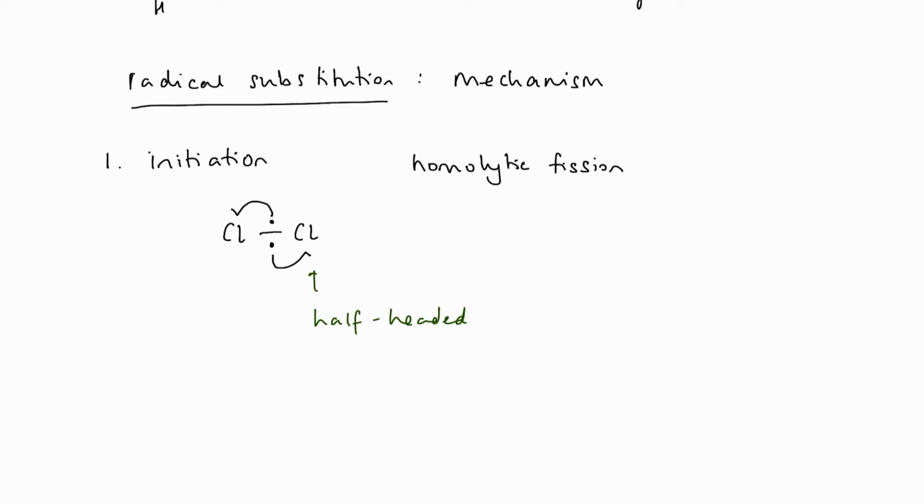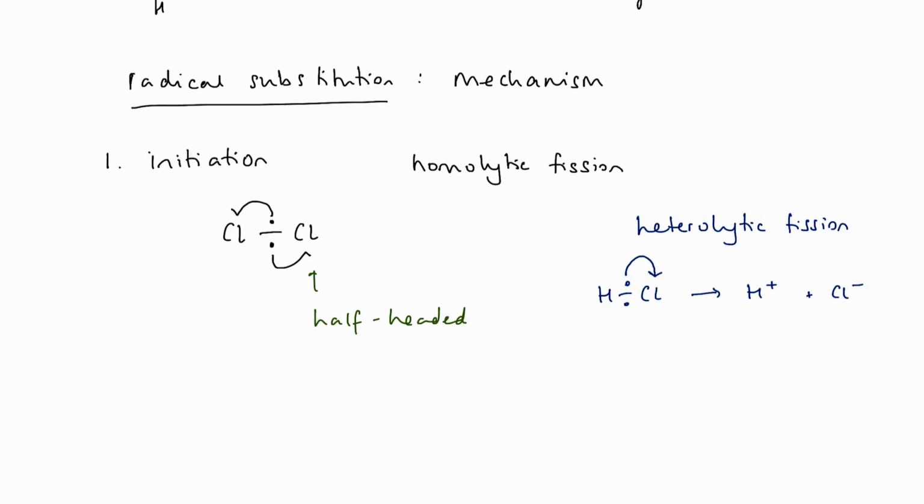If we're not using homolytic fission, the more usual way for a bond to break, in contrast, is heterolytic fission. So for example, if I were to take an HCl bond with its pair of electrons, then during most chemical reactions this bond would break and both the electrons would move to the chlorine atom, and I'd end up with ions, a positively charged hydrogen cation and a negatively charged chloride anion.